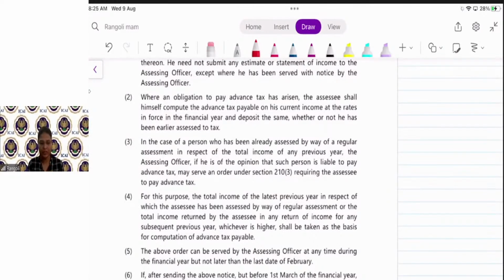If your income is more than the income calculated by the assessing officer, then you need to pay advance tax based on your calculation. And if your income is less than the income calculated by the assessing officer, then you need to provide your computation to the assessing officer and prove that the income computed by you is correct and not that of the assessing officer.